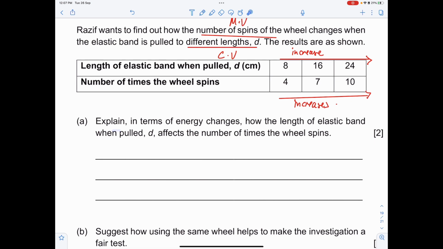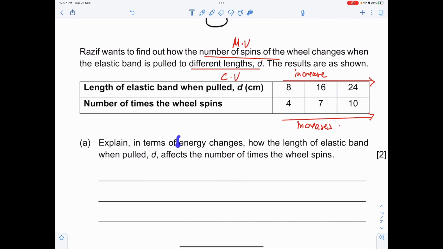Explain in terms of energy changes how the length of elastic band when pulled, which is D, affects the number of times the wheel spins. Alright, so when you take a look at it, energy changes. Be very careful. I want you all to be very sure before you answer anything to do with energy or forces. Pause.